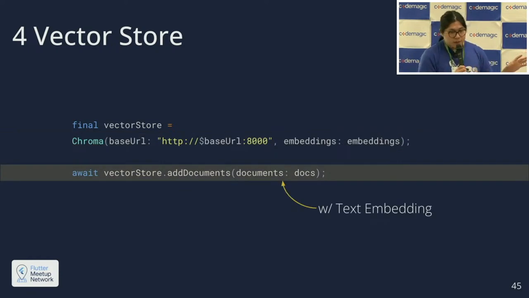So we pass the documents created from the second step to the vector store's add document method. In ChromaDB, the text chunks and documents from the PDF or website are embedded and stored in the database.